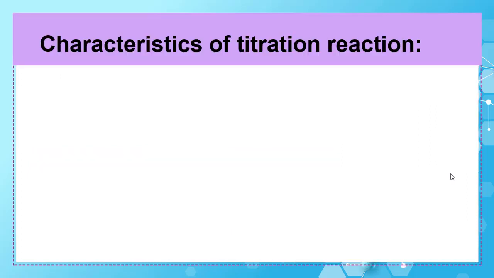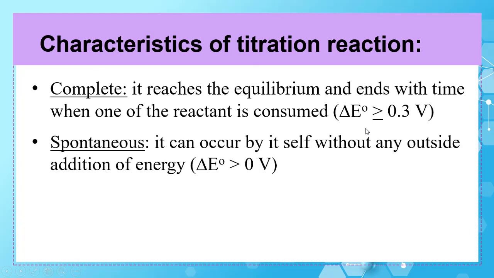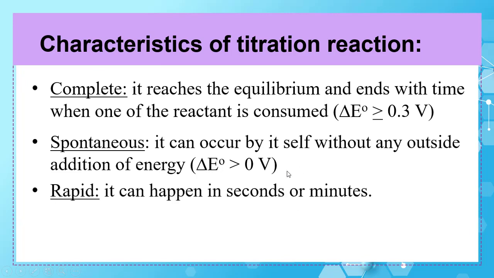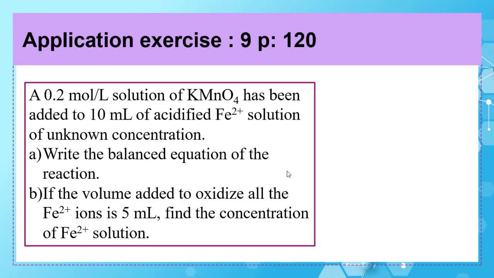The characteristics of titration reaction, as we mentioned before: it should be complete, having delta E0 greater than 0.3 volt. It should be spontaneous, so having delta E0 greater than 0. It should be rapid and unique, so it's the only reaction taking place in the beaker.